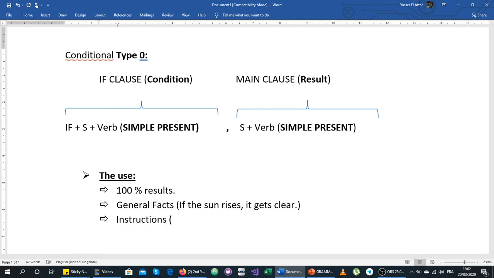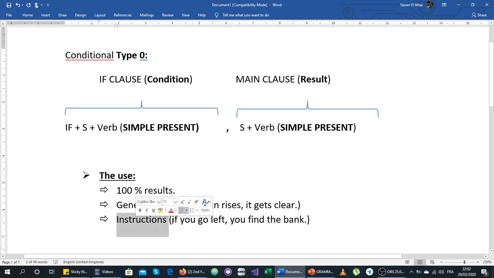For example, you go outside and someone asks you, where is the bank? And you say, if you go left, you find the bank. So this is conditional type 0. So it's an instruction or giving direction. If you go left, you find the bank.